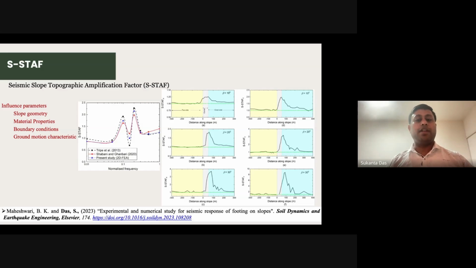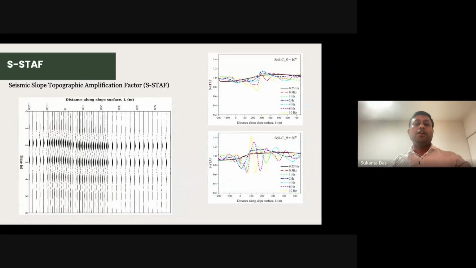Now, why is it happening? When waves come to the slope, they form destructive and constructive interference. When it is destructive there is de-amplification, and when constructive amplification takes place. The amplification is high very near the crest.